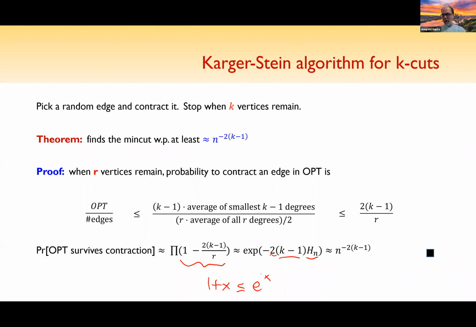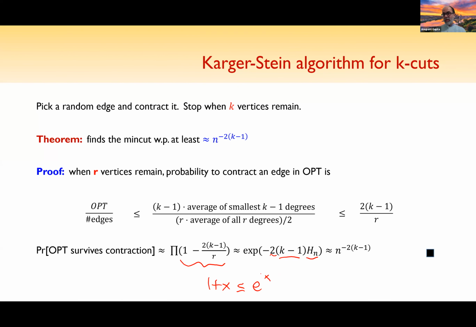This is about correct, you can make this correct. Okay. And this is like n to the minus 2k. This is the Karger-Stein analysis. Beautiful. It's one slide, right? And good.